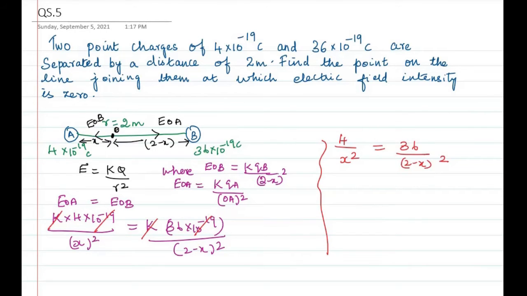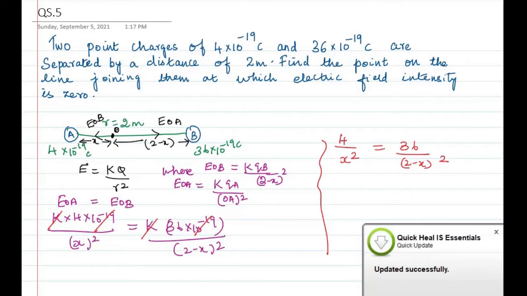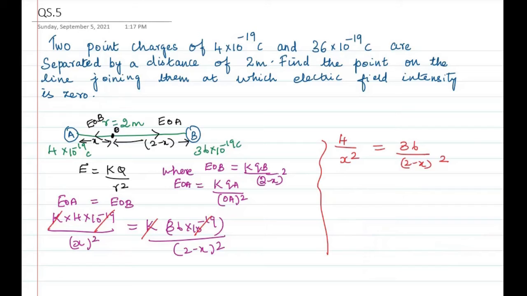Cancel 4 and 36 to get 9. So we get 1 by x square is equal to 9 divided by 2 minus x the whole square.